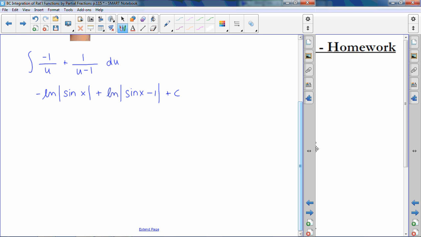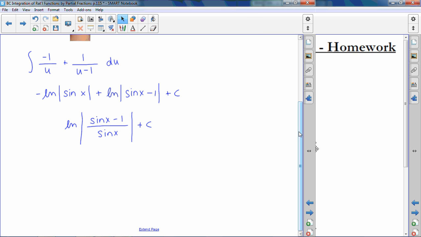And then again, using the properties of logarithms, we're going to turn it into 1 natural log, and sine x minus 1 is going to go on top because there's a plus in front of it. And then, because there's a minus in front of the ln of sine x, the sine x will go on the bottom, plus c. And there you have it. The rest of the worksheet is up to you.